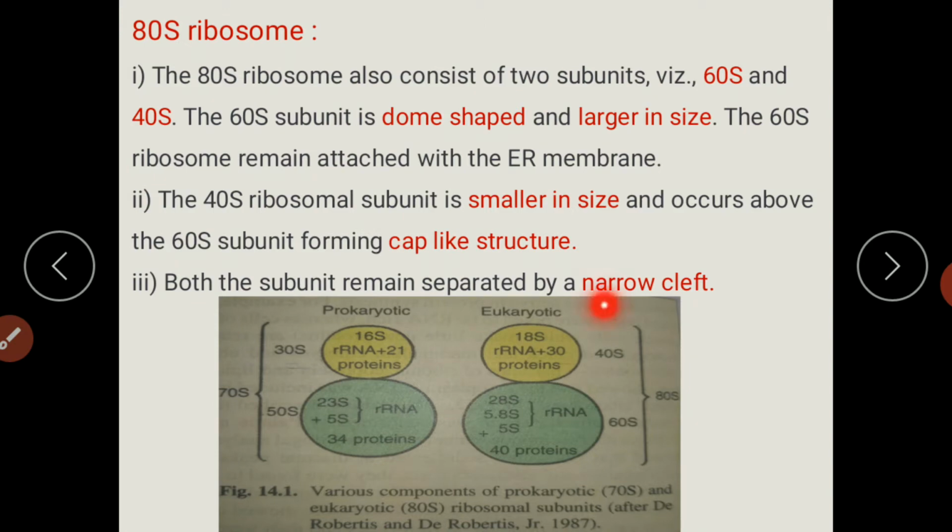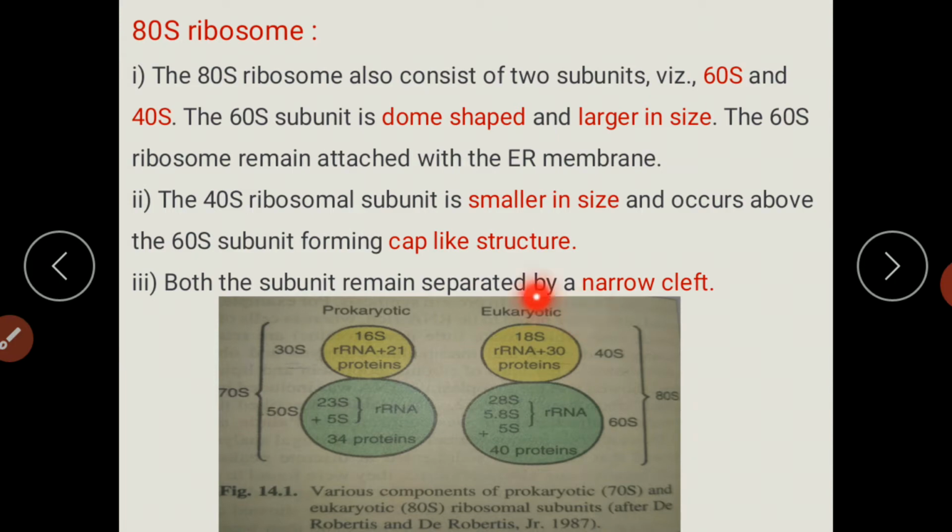So in the case of a eukaryotic cell, this 80S ribosome is divided into two subunits, that is the 60S subunit and the 40S subunit. The 40S is smaller in size and forms a cap-like structure. Both subunits remain separated by a narrow cleft.